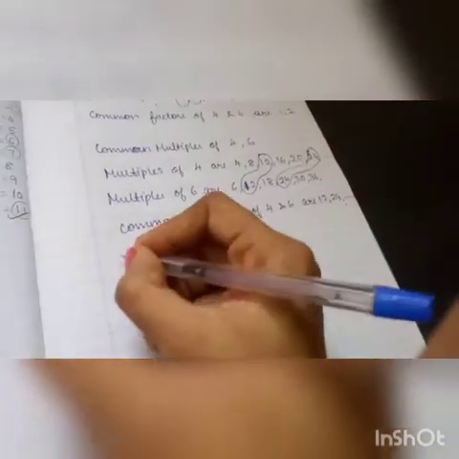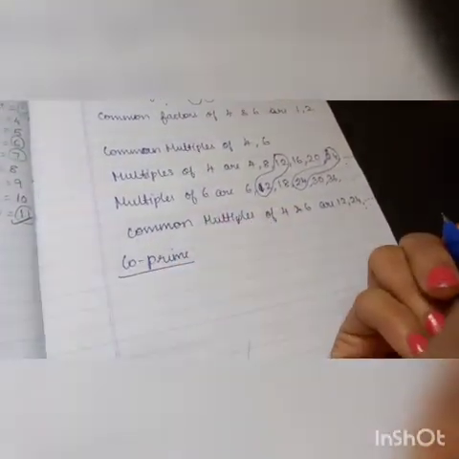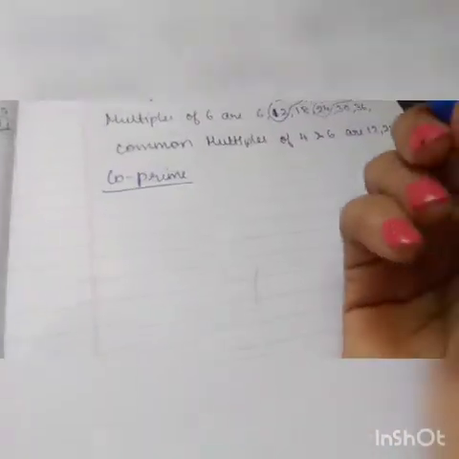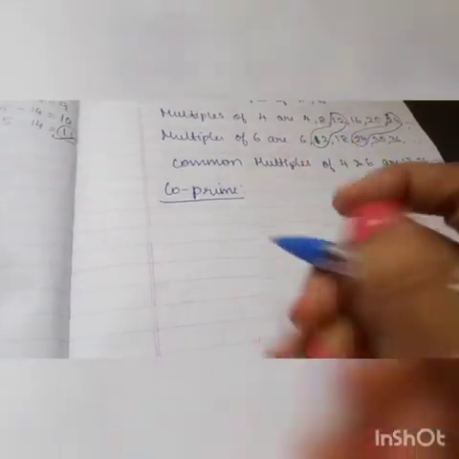Okay, next, there is a concept called co-prime numbers. We have already dealt with co-prime numbers. Do you remember? Again, I'll teach you. Co-prime numbers: two numbers having the common factor as only 1. If the only common factor is 1, then the two numbers are called co-prime numbers.